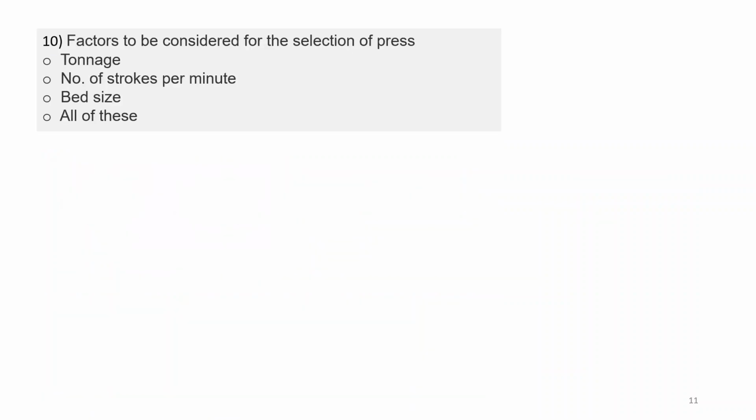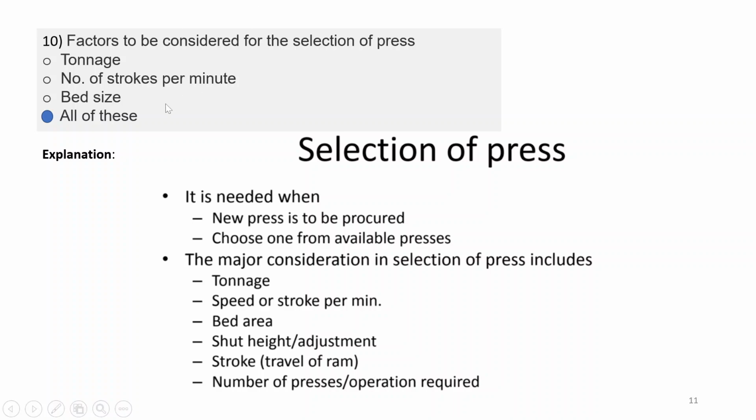Next is factors to be considered for selection of press. So your forging press will be selected based on various factors. It can depend on either tonnage, number of strokes per minute, bed size, or all of these. So here answer will be all of these. In last chapter I think sir has told about various presses, and also told that selection of presses depends on various factors.